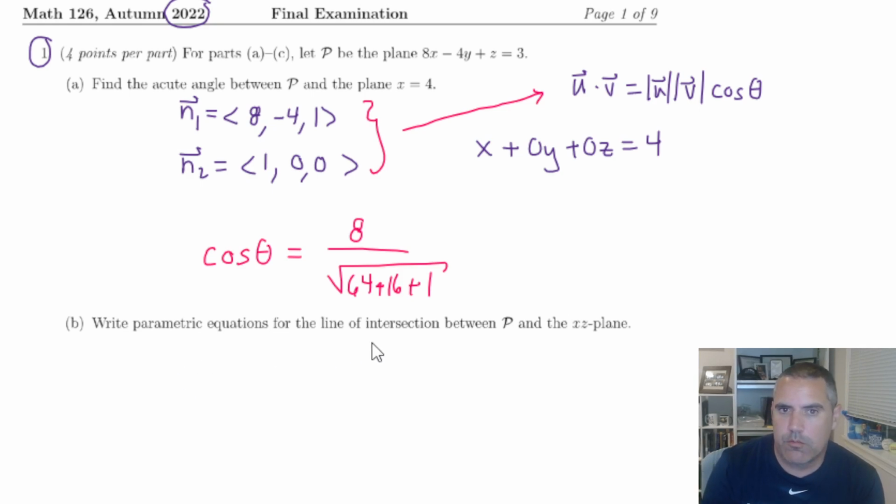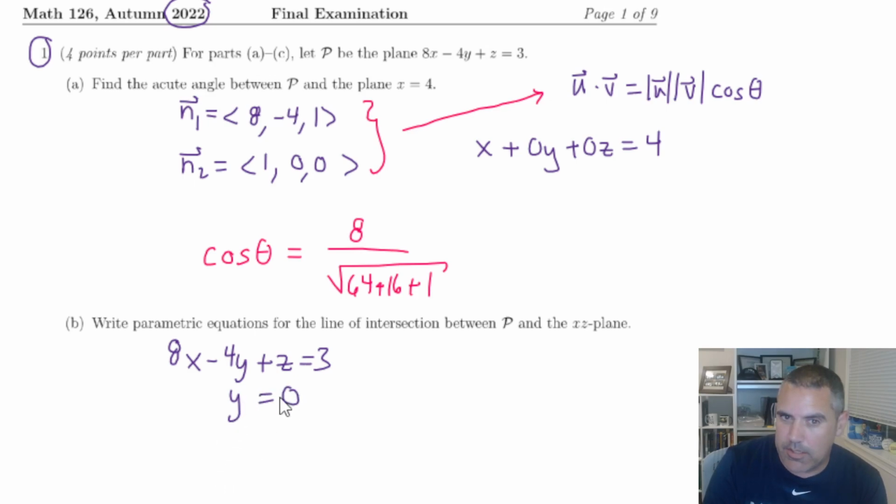Write parametric equations for the line of intersection of this plane and this plane. Okay, so you would write those down. You have one plane, which is 8x minus 4y plus z is 3, and this other plane, which is y equals 0.